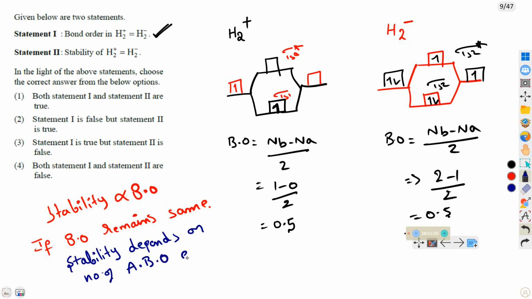Stability is inversely proportional to the number of anti-bonding orbital electrons.